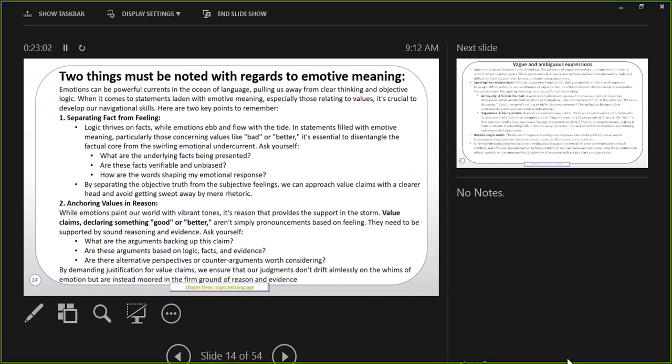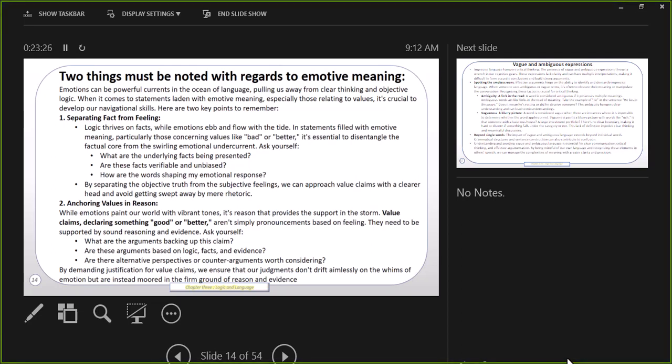Right? Two things must be noted with regard to emotive terminology. The first thing is to separate facts from feeling. Logic thrives on fact, while emotion flows with the tide. In a statement filled with emotive meaning, particularly those connected with values like bad, better, it's essential to separate the factual core from the swirling emotional undercurrent. Ask yourself, what are the underlying facts being presented?